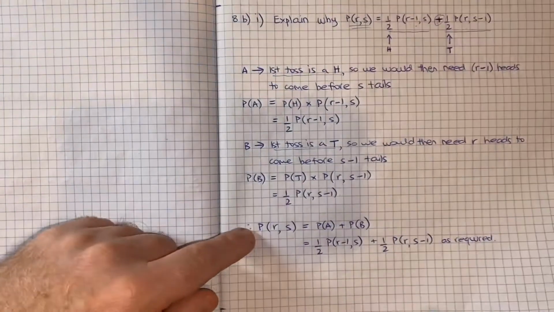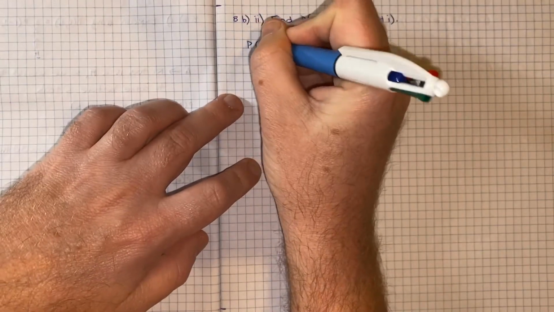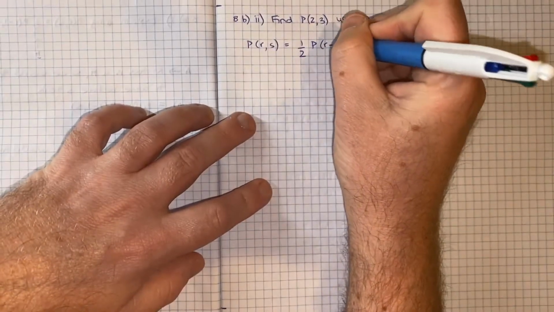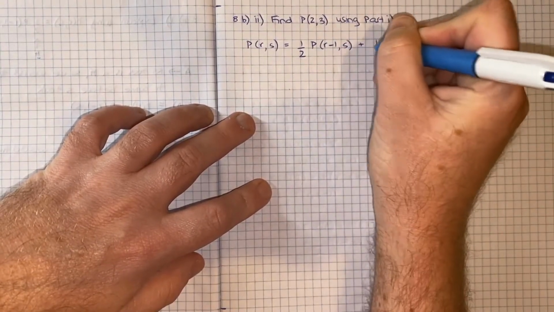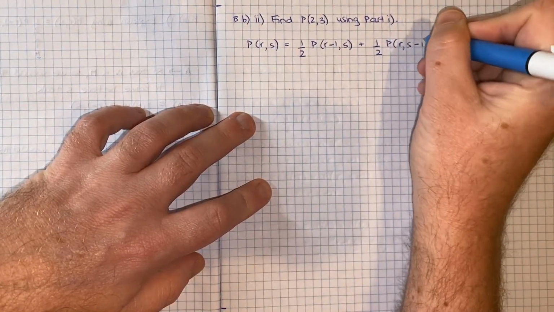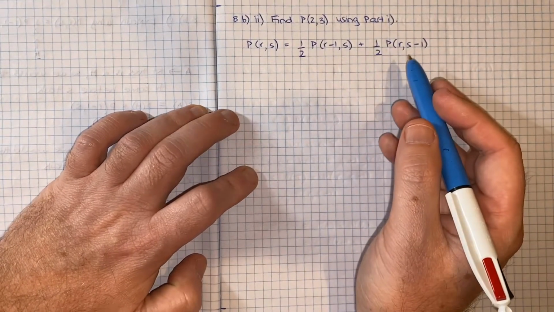So part 1 told us that the probability of r comma s is equal to a half times the probability of r minus 1 comma s plus a half times the probability of r comma s minus 1. So that's the relationship that we got our head around in part 1.